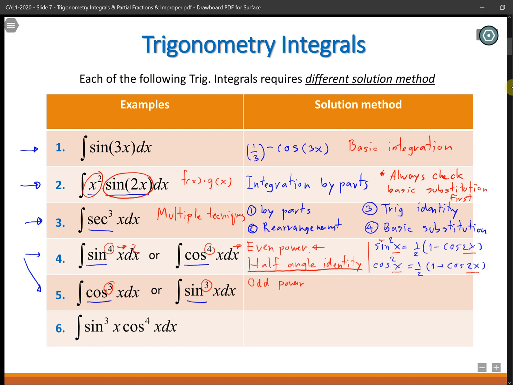Here you have power of 2, but after you apply this identity, you have a power of 1 right here. And after 2, we want to cut it again and make it 1. And we want this so much because when the power of the trigonometry is 1, it becomes easy to perform the integration, as you can see here.